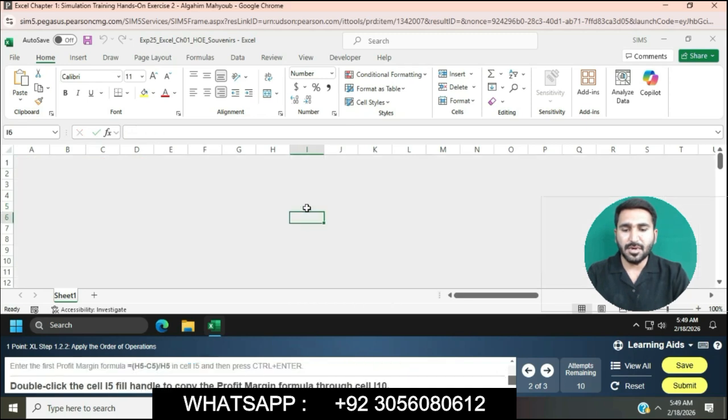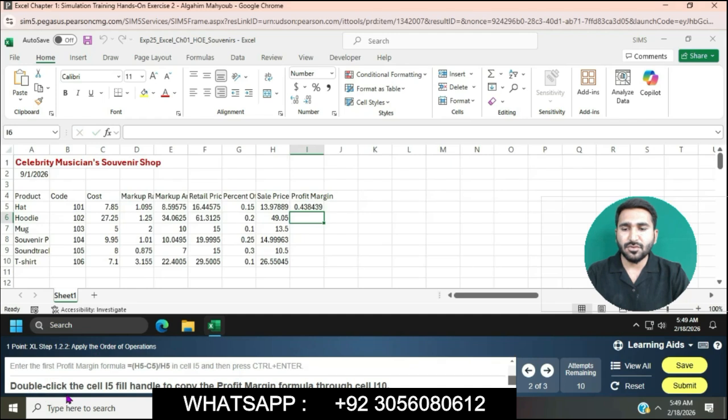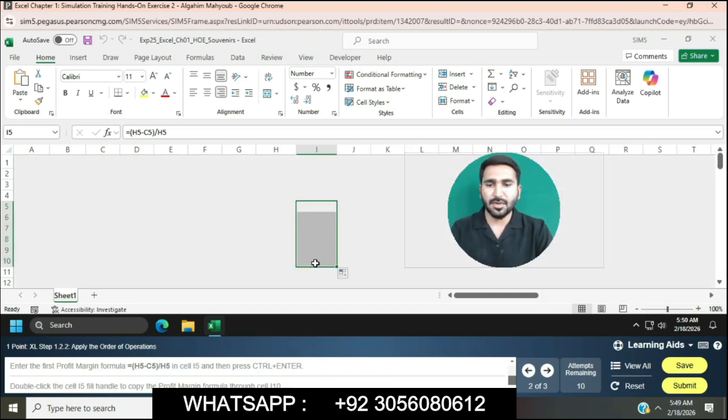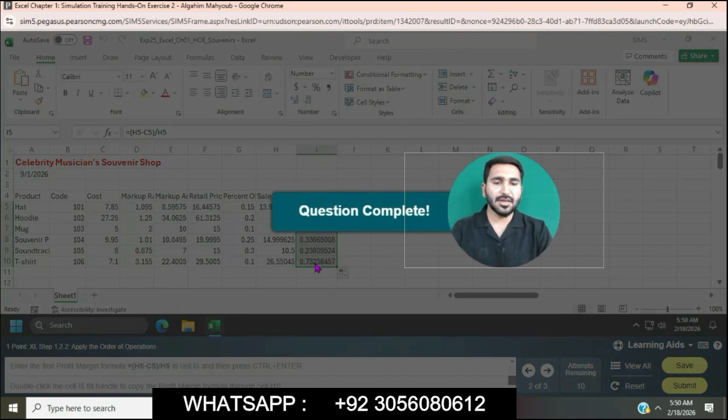Then press Ctrl plus Enter. Then double-click the cell I5 fill handle to copy the profit margin formula through cell I10. Okay, question is completed.